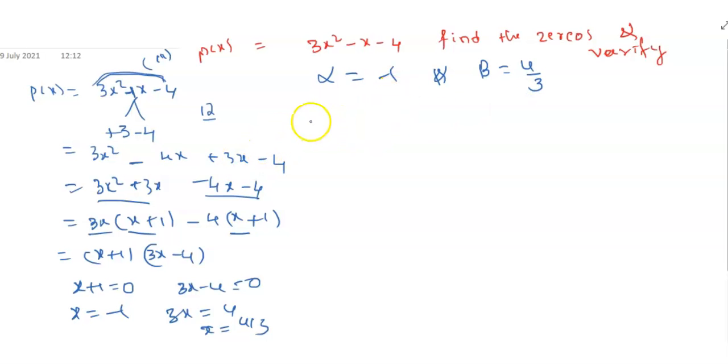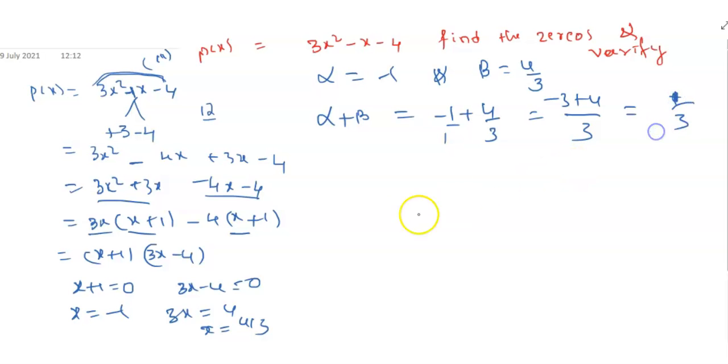Okay, let's find alpha plus beta using zeros. It is minus 1 plus 4 upon 3. My LCM is 3. Then minus 3 plus 4 will be equal to 1 by 3.